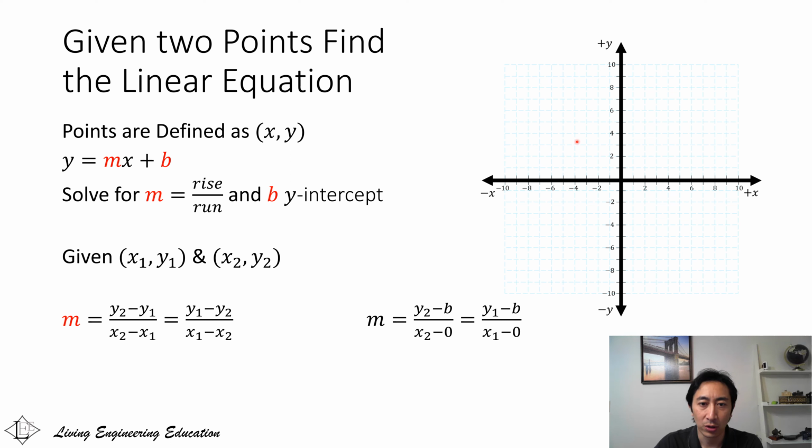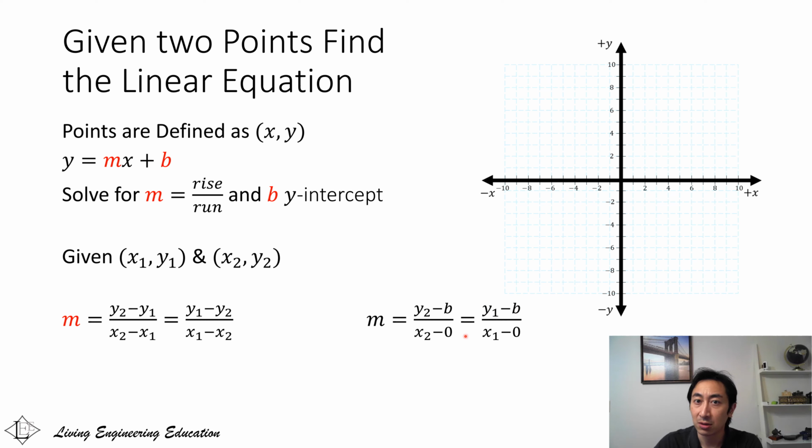And when the point crosses this y-axis, the y value is b, and that's what we're trying to solve for. So now that I've defined the slope, the slope is equal to y2 minus the y value of the y-intercept, which is just b, divided by x2 minus the x value of the y-intercept, which is 0. Or I can write it as y1 minus b over x1 minus 0.